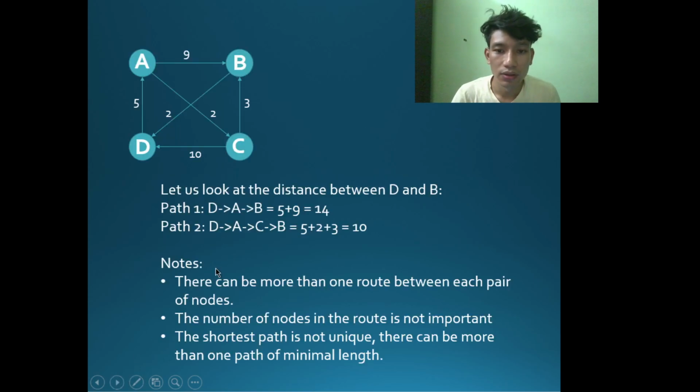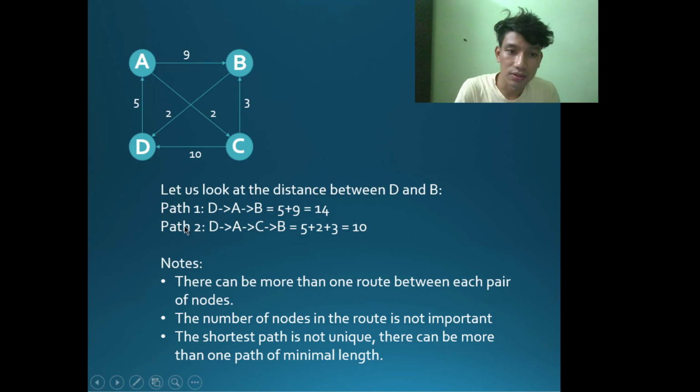So when we look, this is an example. We will take four vertices A, B, C, D, and then let us look at the distance from D to B. Path 1 goes from D to A and A to B, which has a total length of 14. Path 2 has D to A to C, and C to B, which has a total length of 10.